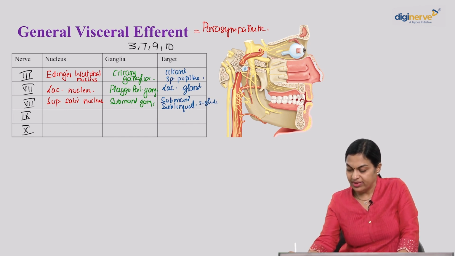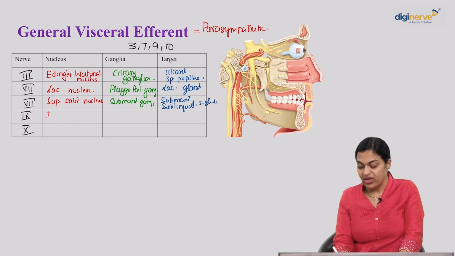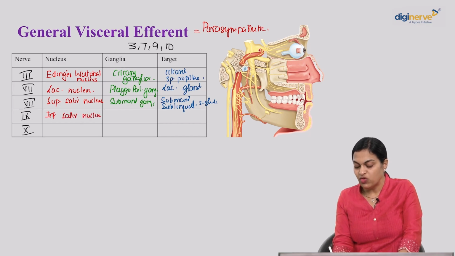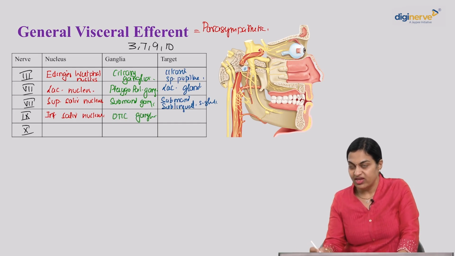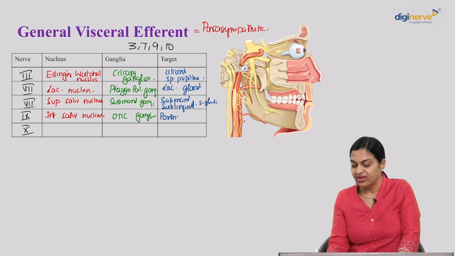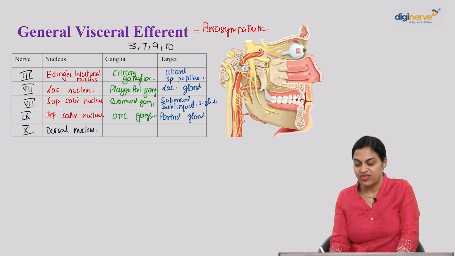Okay. And 9th nerve, through the inferior salivatory nucleus, the fibers of which synapse over the otic ganglia, they finally reach the parotid gland, right? And vagus, you know, we have the motor nucleus of vagus or the dorsal nucleus of vagus.